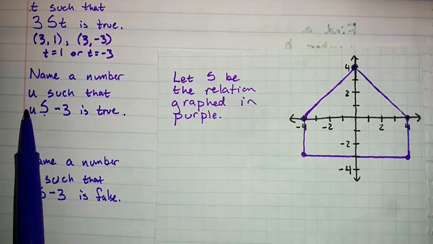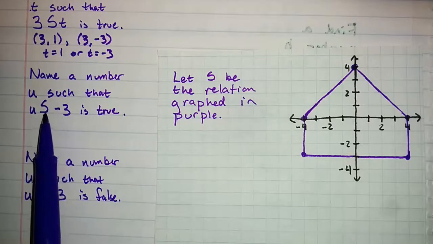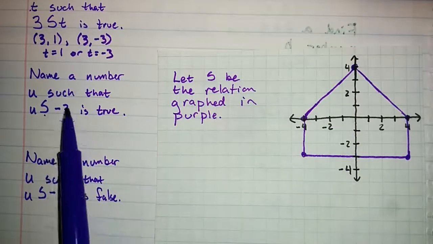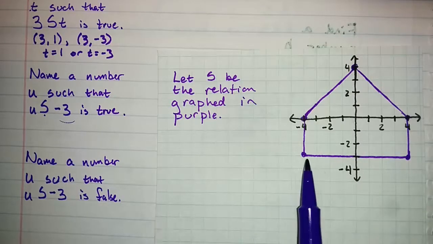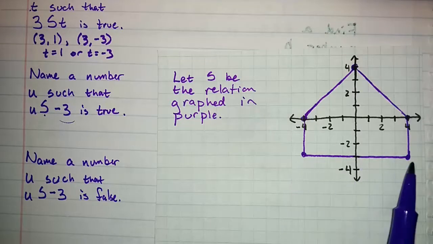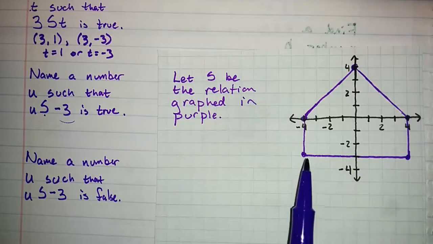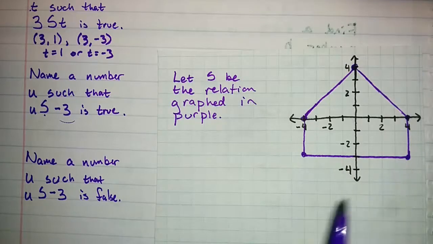Okay, so we want to name a number u such that u R negative 3 is true. We're looking for points whose y-coordinate is negative 3 but are on the graph. We've got this whole line segment all the way across here, right? All the way from negative 4 up to 4.